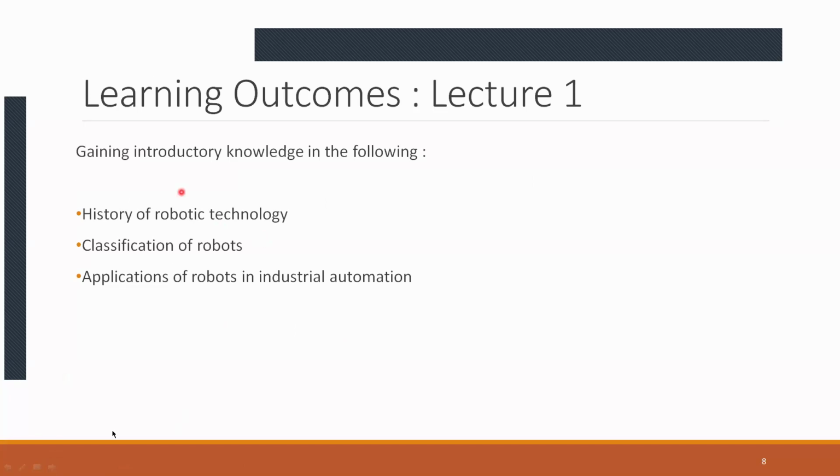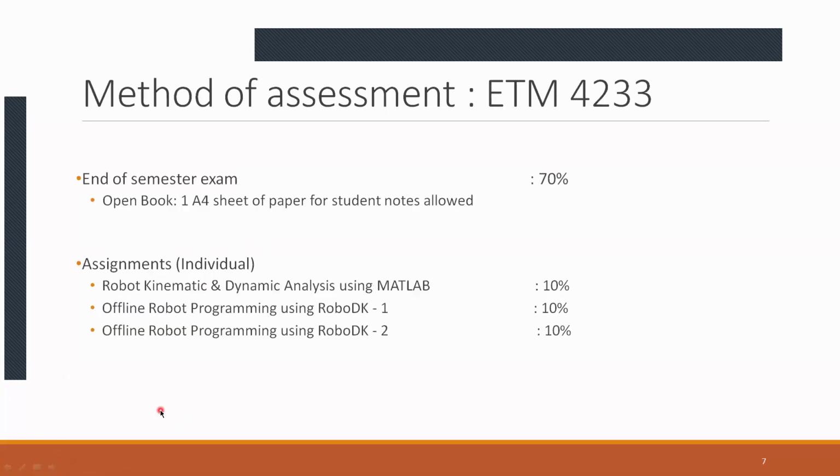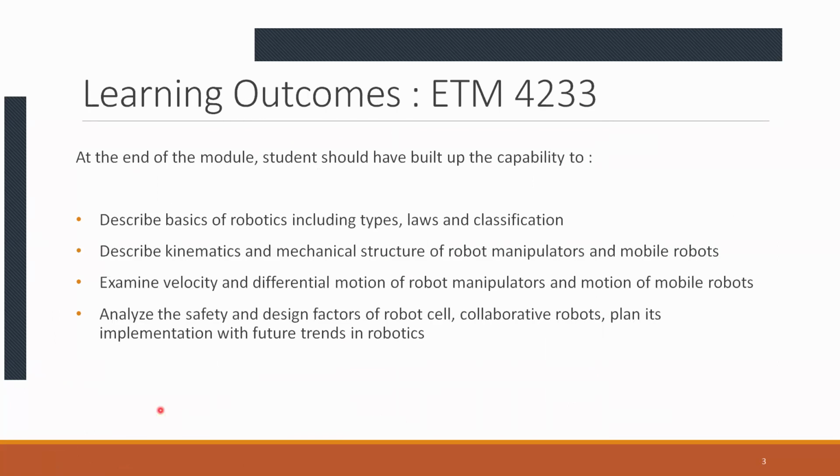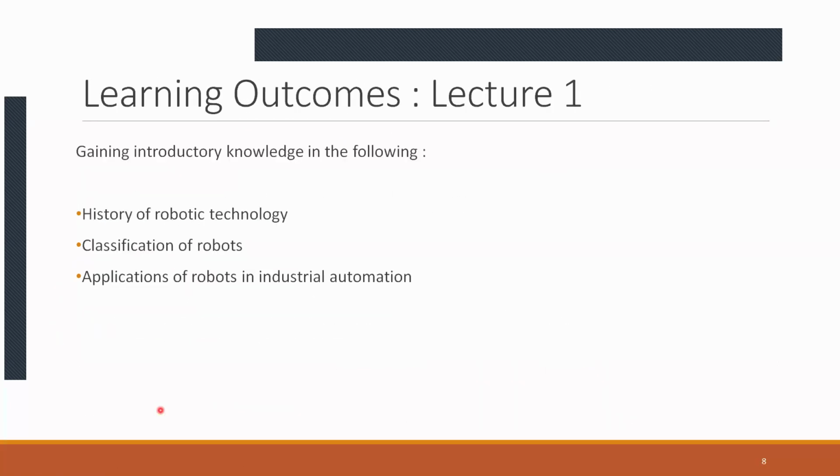Right. So that's it for the generic information about the module. So we can begin lecture 1. As I told you earlier on, I'm going to provide a general overview about what robotics is, how we can break robots down into classes, and what certain types of robots are.